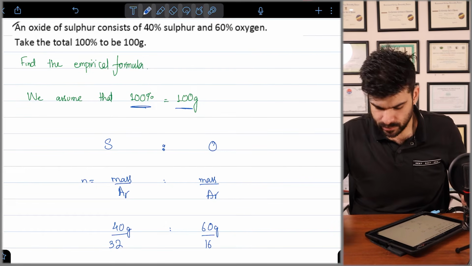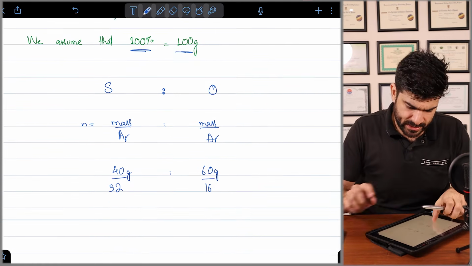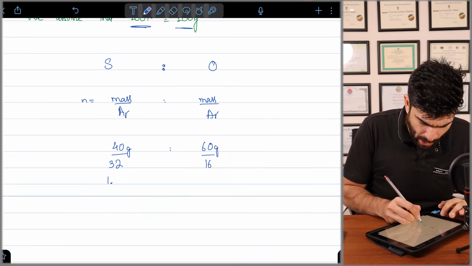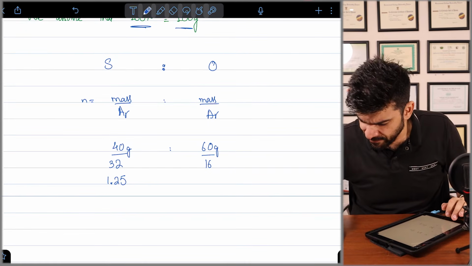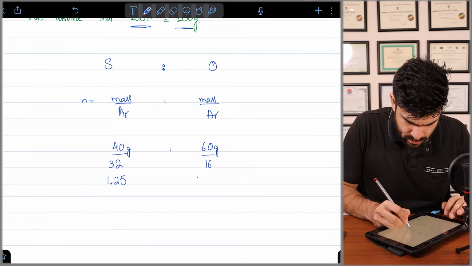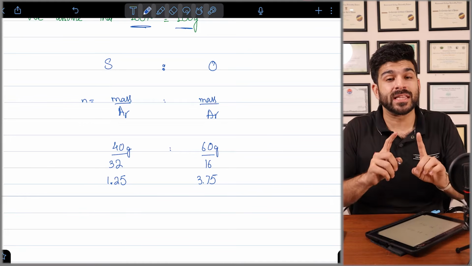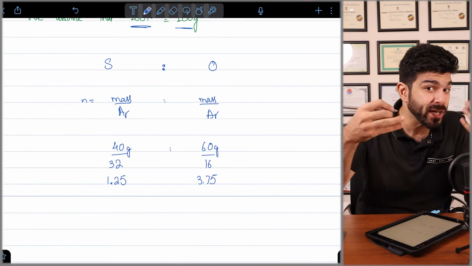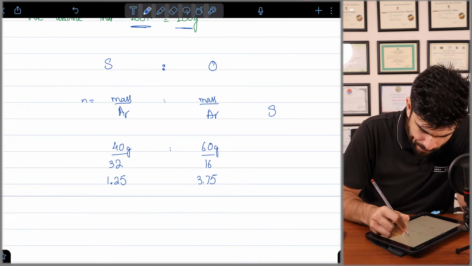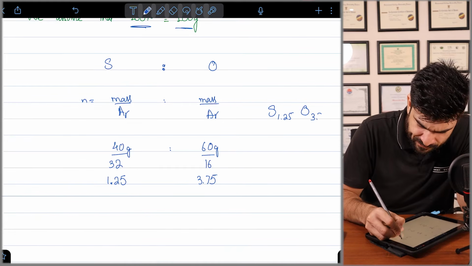Let's calculate the values. 40 divided by 32 is 1.25, and 60 divided by 16 is 3.75. Now again, we still do not get the values in whole numbers. If I incorporate these values, the compound would look like S1.25 O3.75.